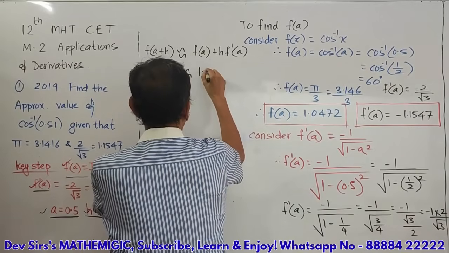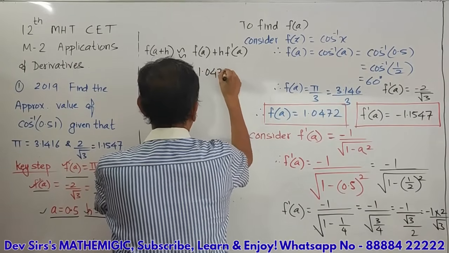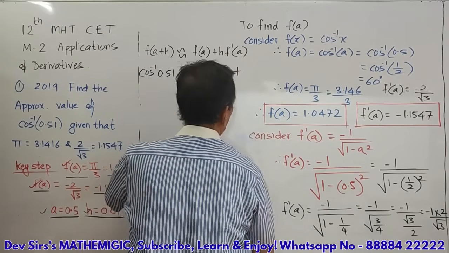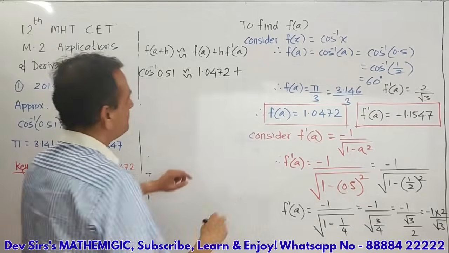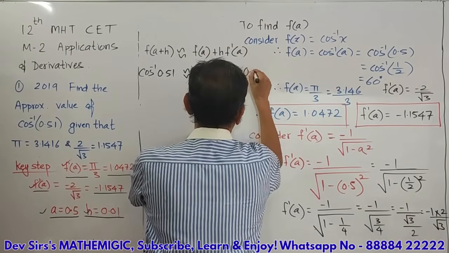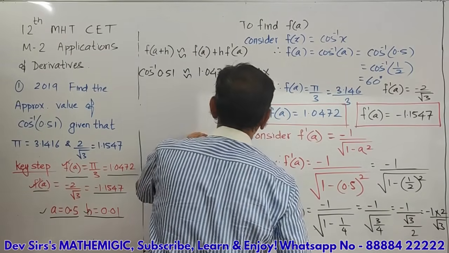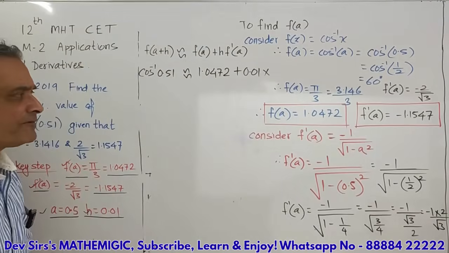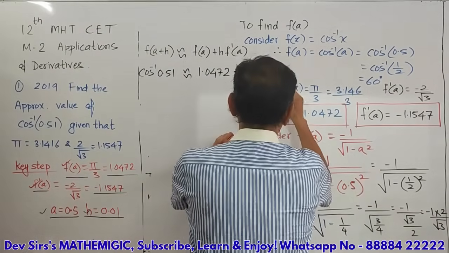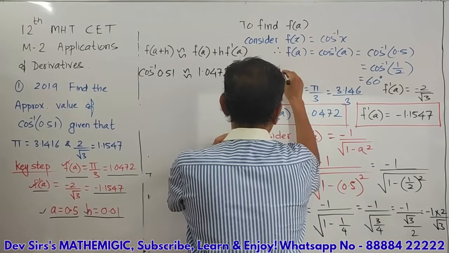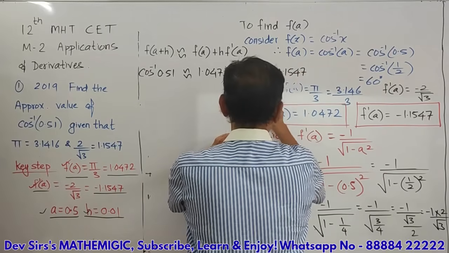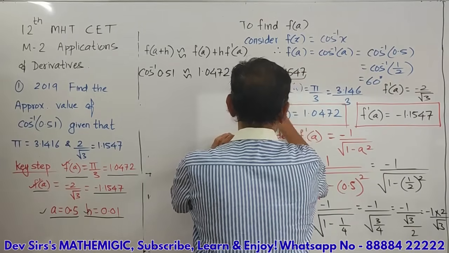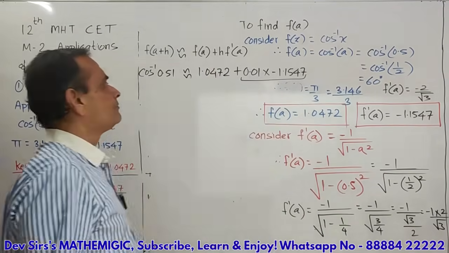1.0472. Value of H 0.01. Value of F dash A, just have to calculate this now.